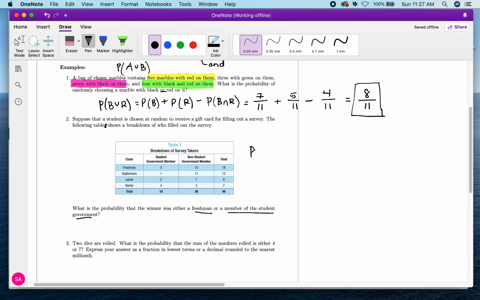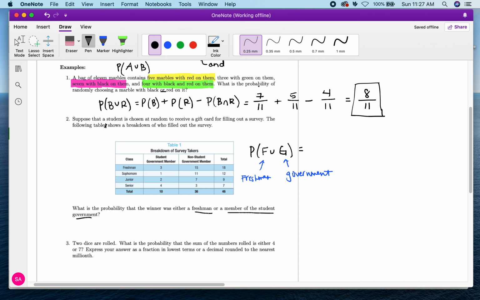So we want to figure out the probability that the student was a freshman or a member of student government. I'm going to put F for freshman, G for government. Cool.